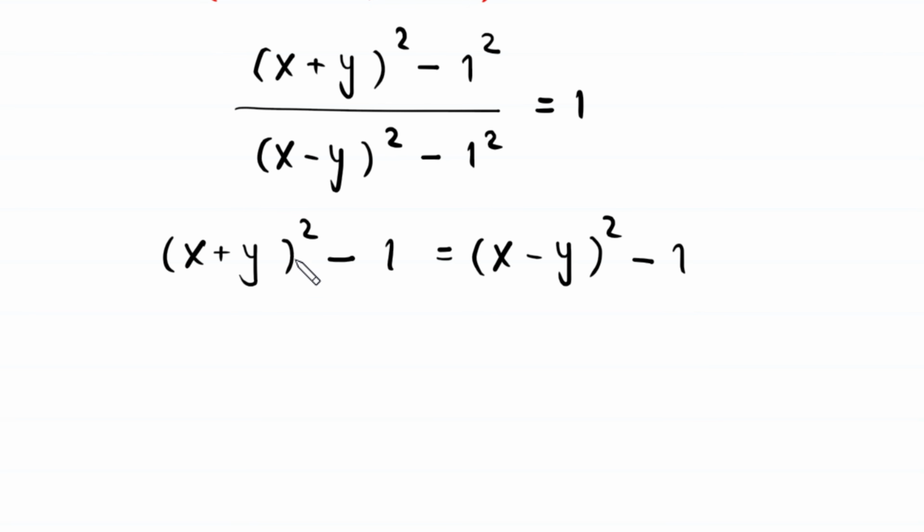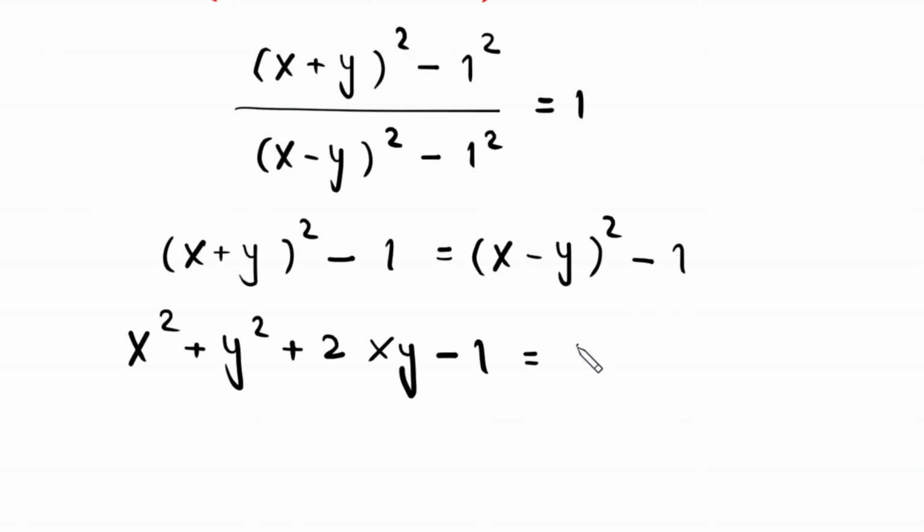Expand this (x plus y) whole squared, this will become x squared plus y squared plus 2xy minus 1, equal to expand this (x minus y) whole squared, this will become x squared plus y squared minus 2xy.